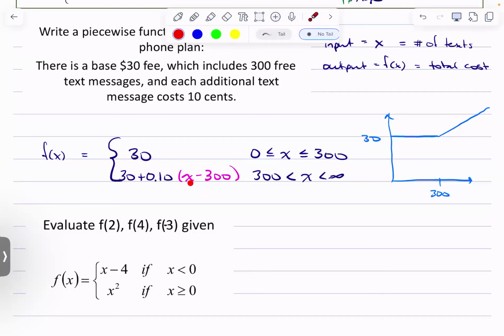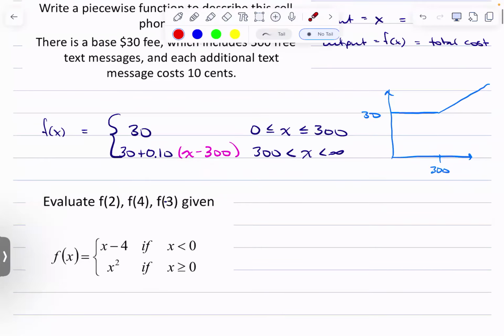I get 302 minus 300, so then I'm paying for just the additional 2 text messages, right? And so this is kind of sneaky, but once you've seen it, hopefully you'll remember that trick. It's not a trick, but it's good to have up our sleeves, if you need to adjust for ones that have been paid for already.